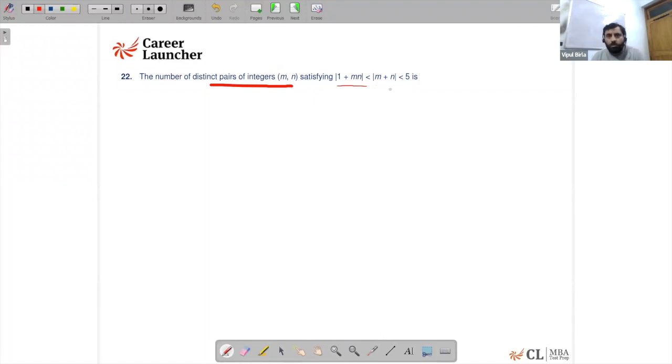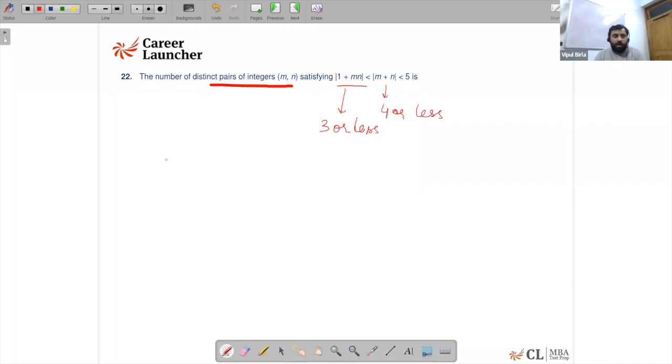Okay, now since mod of m plus n is less than 5, this can take a value which is either 4 or less than that. Now mod of 1 plus mn is further less than mod of m plus n, so this will be either 3 or less.